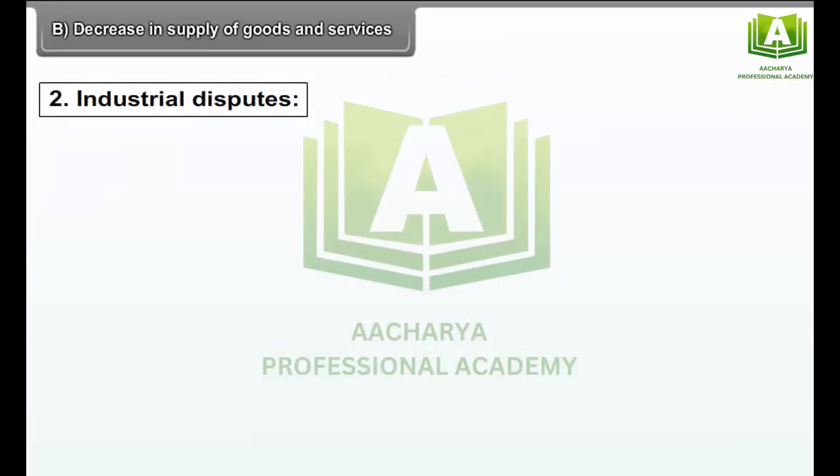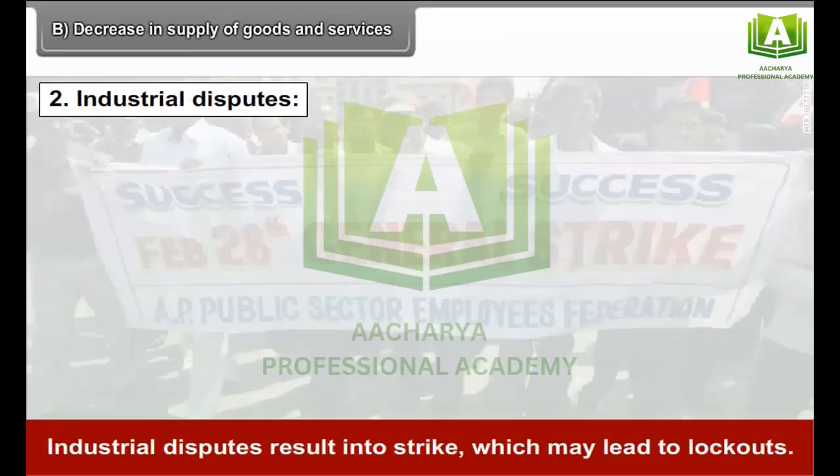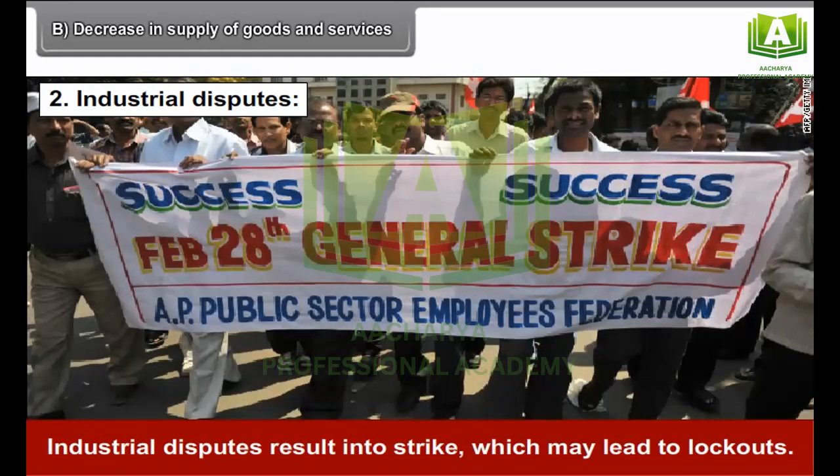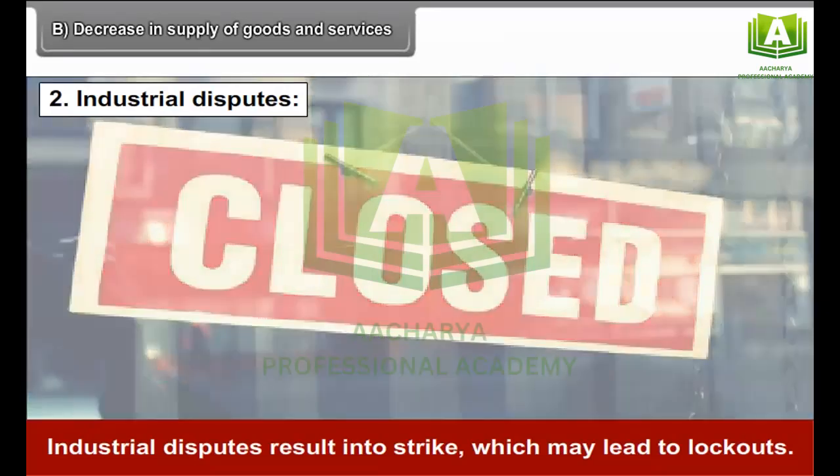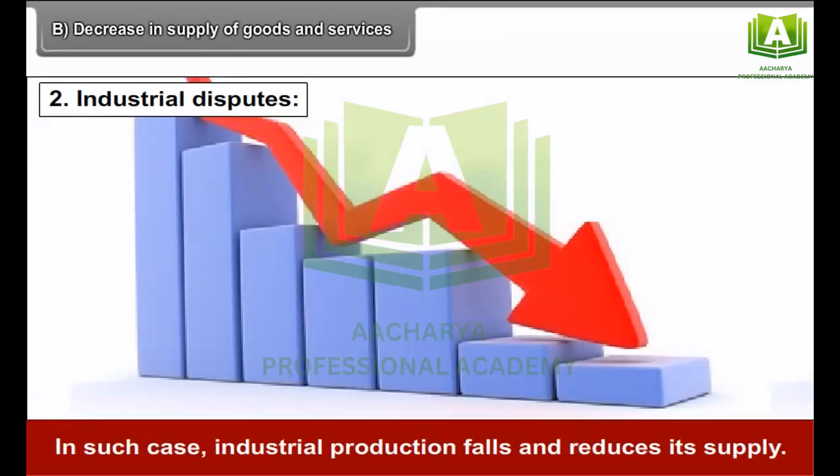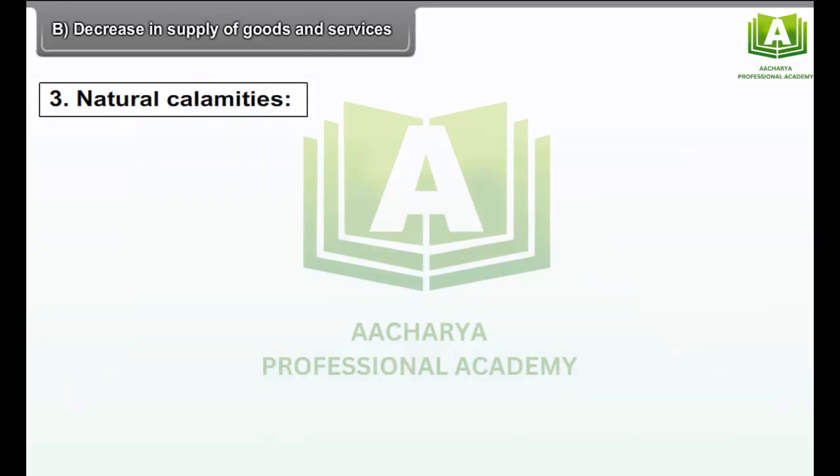2. Industrial disputes. Industrial disputes result in strikes which may lead to lockouts. In such cases, industrial production falls and reduces its supply. 3. Natural calamities.